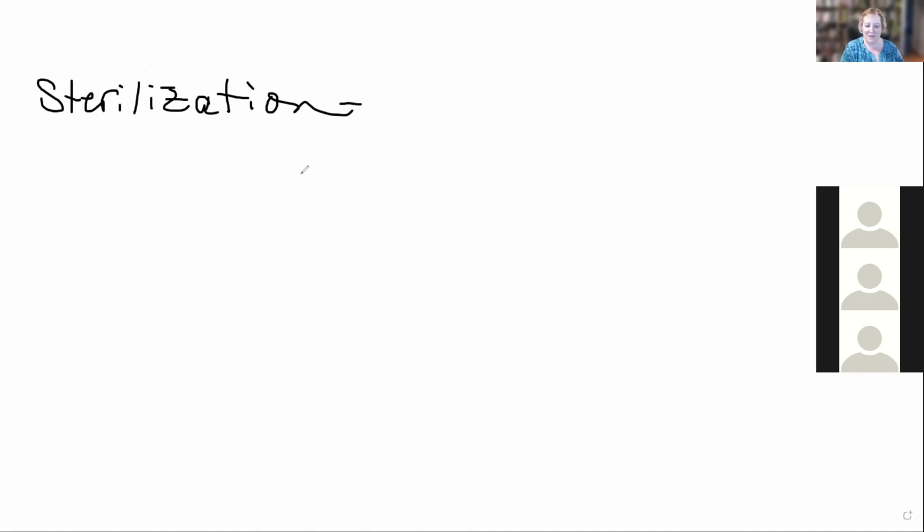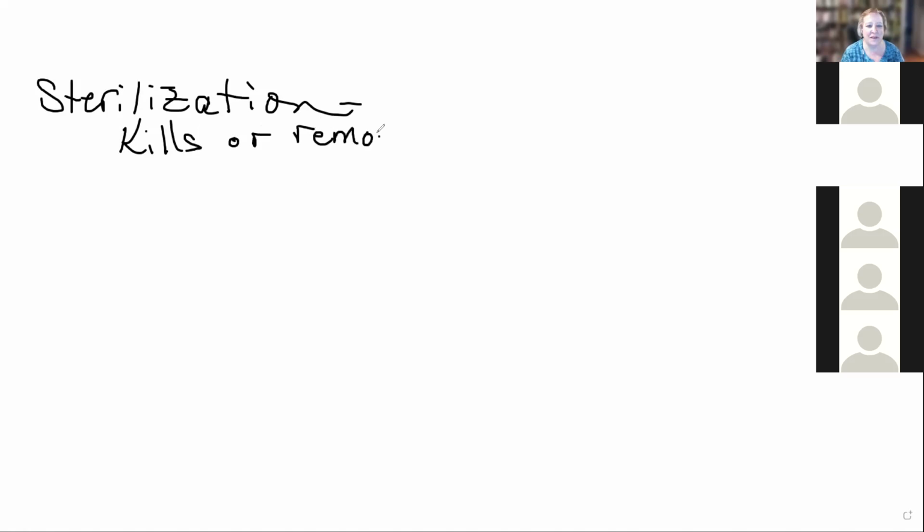What is sterilization? We're all shy today. That one's the one that kills all of the microbes, right? Yep, kills or removes all microbes. Now we also toss in some non-living agents.